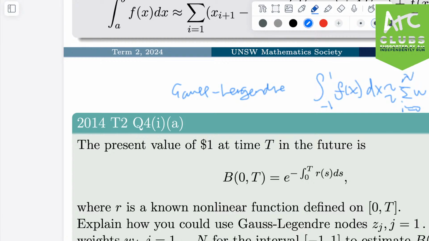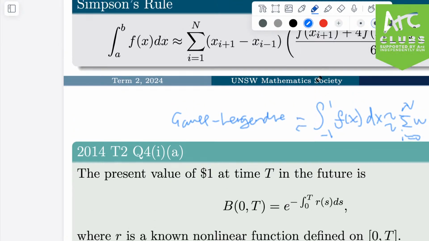So this is a general formula, and we can actually apply this Gauss-Legendre approximation to the Simpson and the trapezoidal rule.